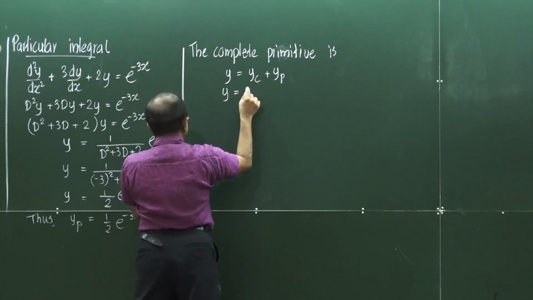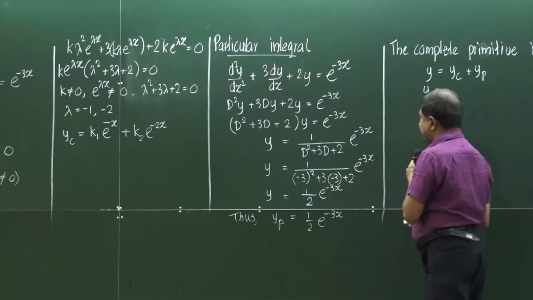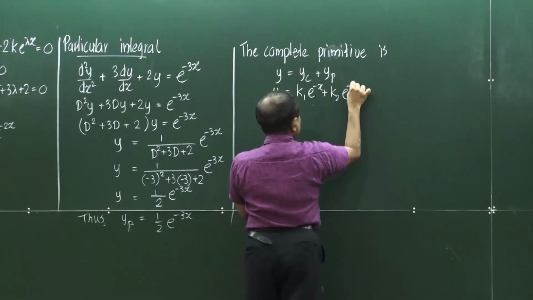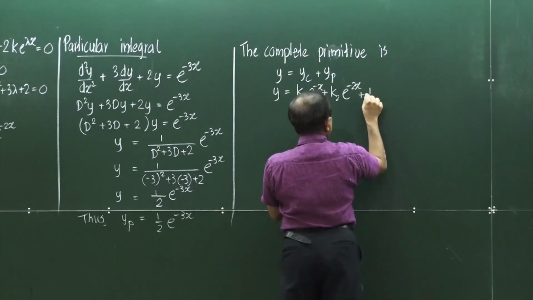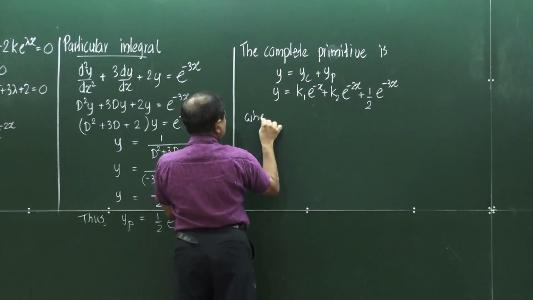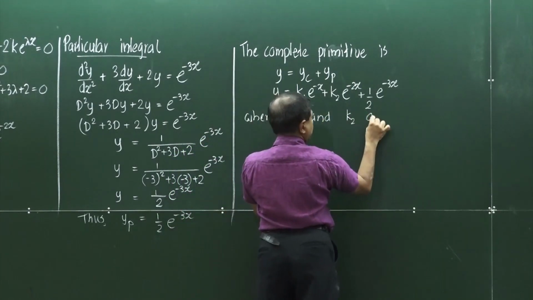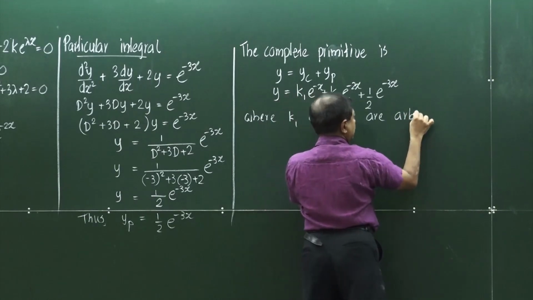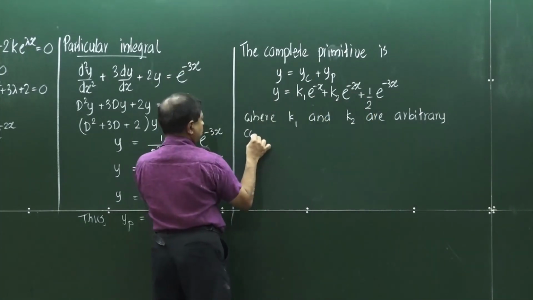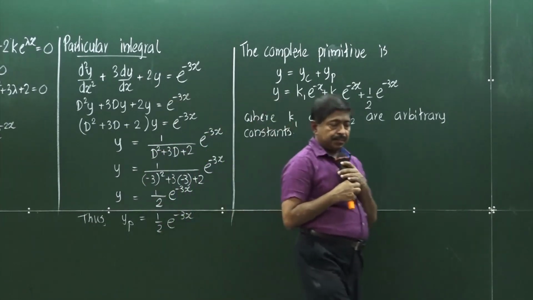So y is equal to this yc plus this yp. Okay, so that's how you do it.